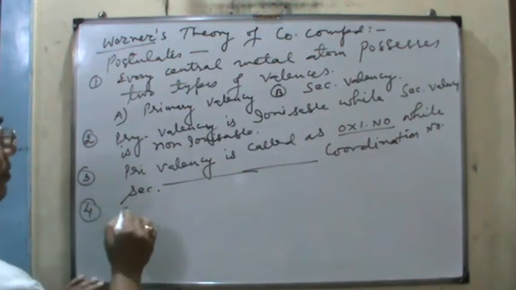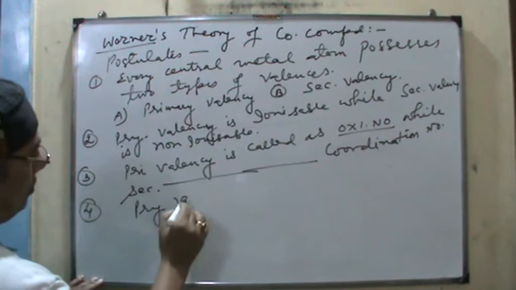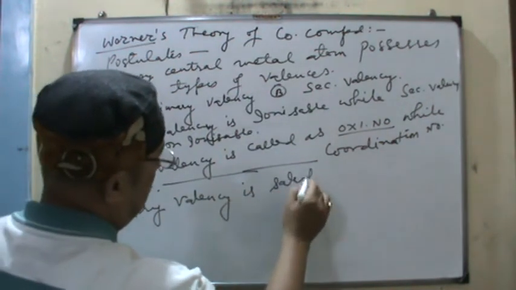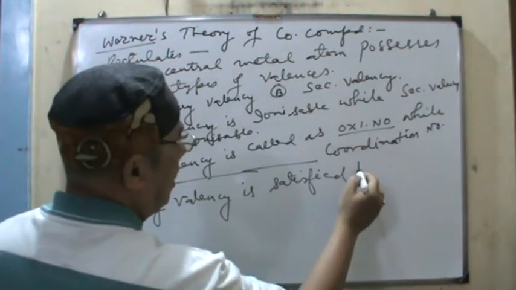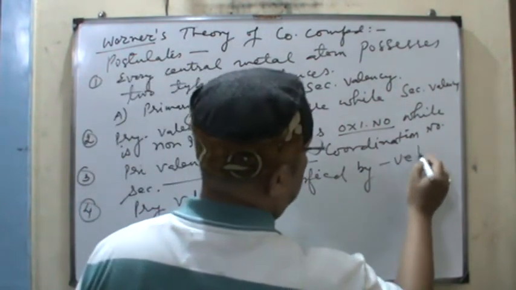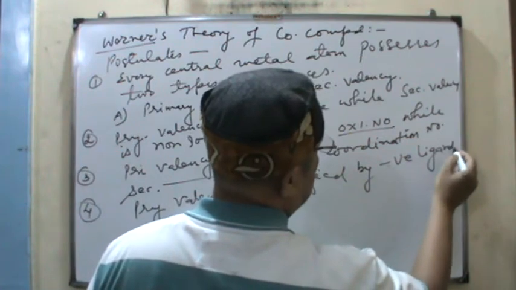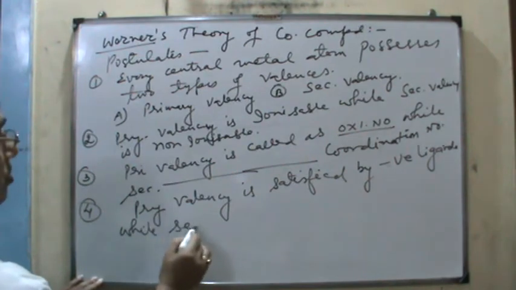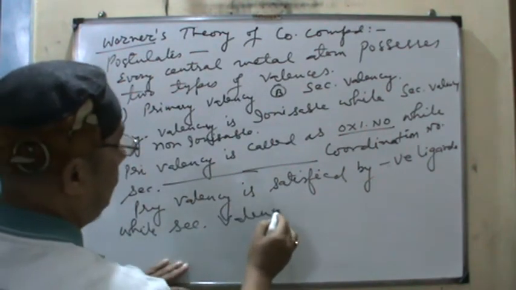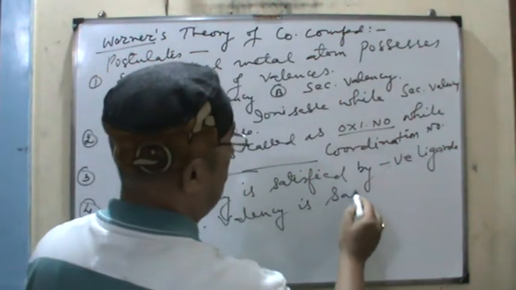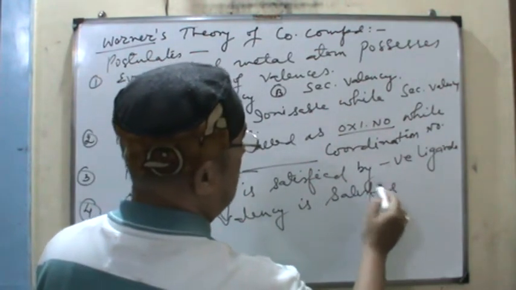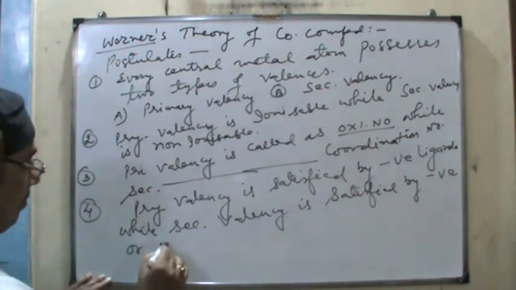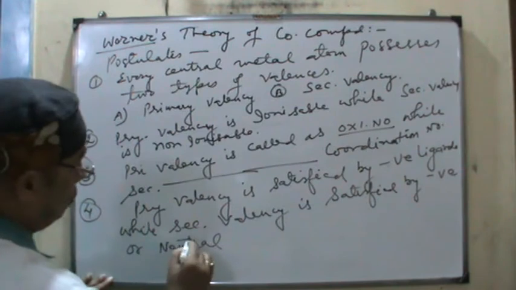Last point, primary valency is satisfied by negative ligands, while secondary valency is satisfied by negative or neutral ligands.